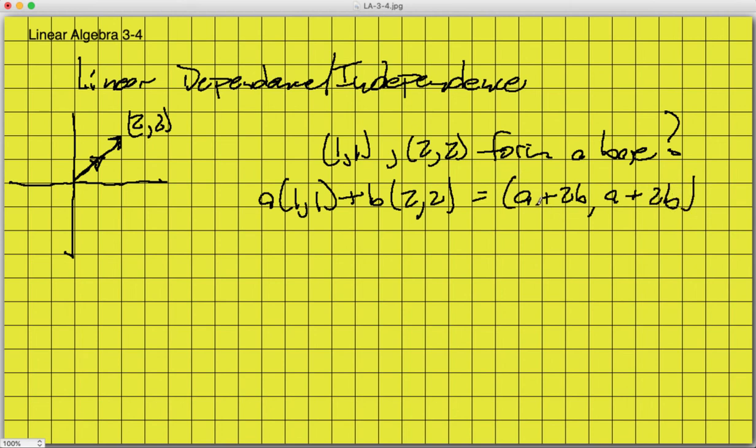And again, notice that the x and y coordinates are the same. It's only going to generate things on this line right here. This is not a basis for R2. And the other thing to notice here, very simple, is that if I go 2 times 1, 1, that's actually equal to 2, 2. So what's going on here is we say that these two vectors are linearly dependent.